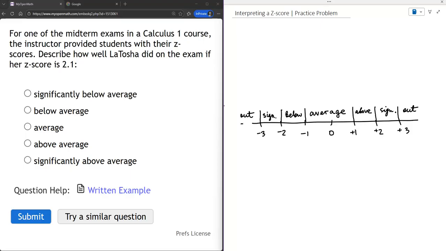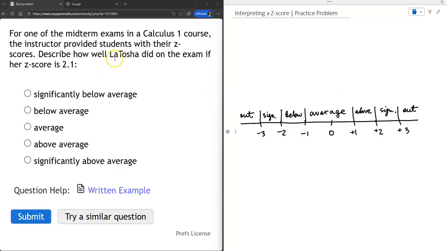So this is the new interpretation scale that we developed earlier, and now based on this scale, any observation with a given z-score can be classified as either average, below or above average, significantly below or significantly above average, or an outlier.